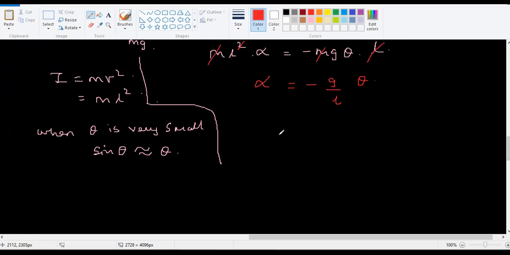What does this mean? This is very similar to acceleration is equal to minus omega squared into displacement y. Here it is linear displacement and linear acceleration. Here it is rotational angular acceleration. This is angular displacement.